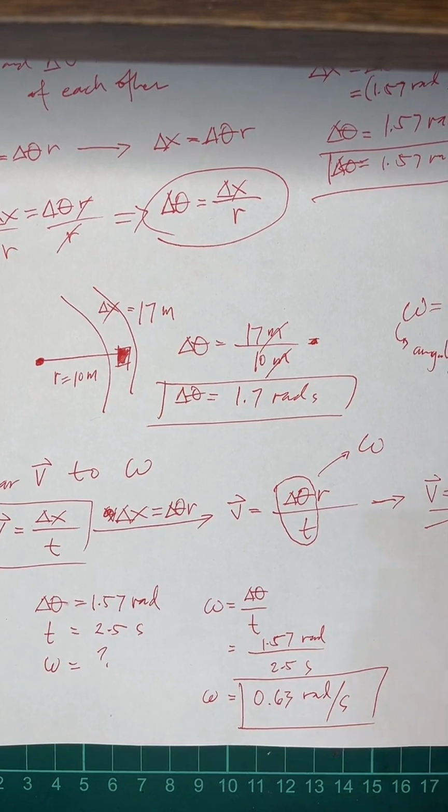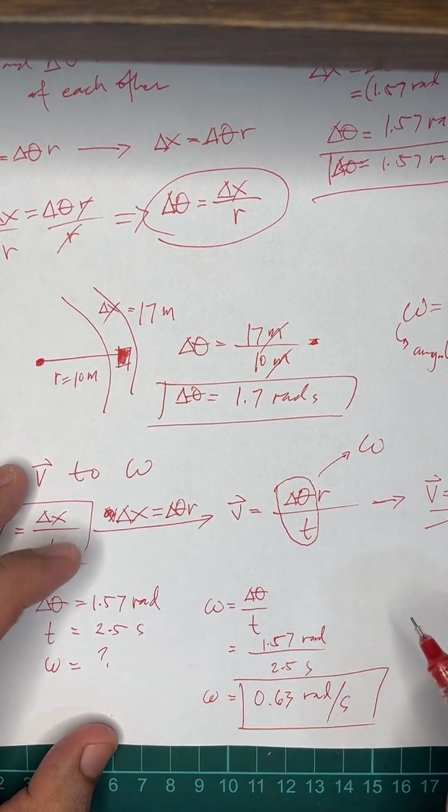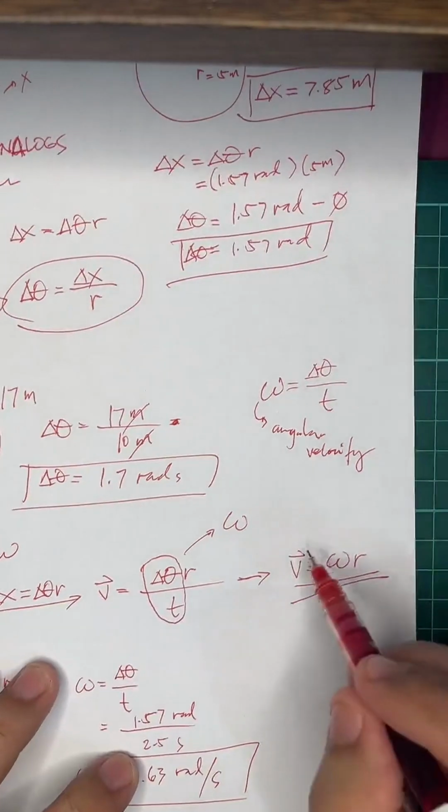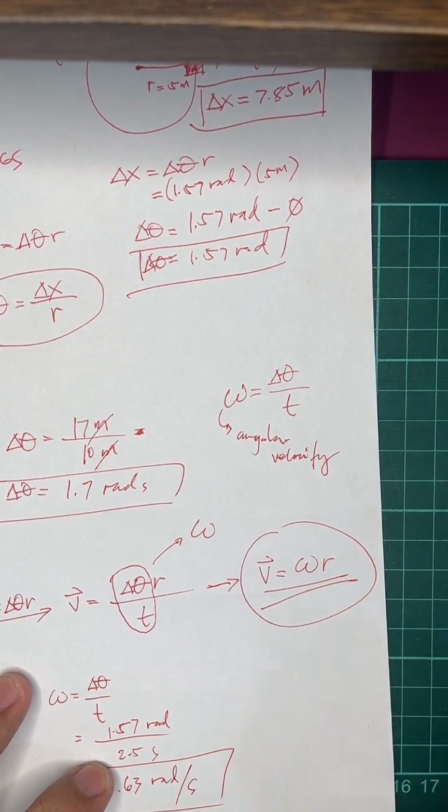Now, if we want to convert this angular velocity into linear velocity, then we make use of this equation right here. So let's do that.